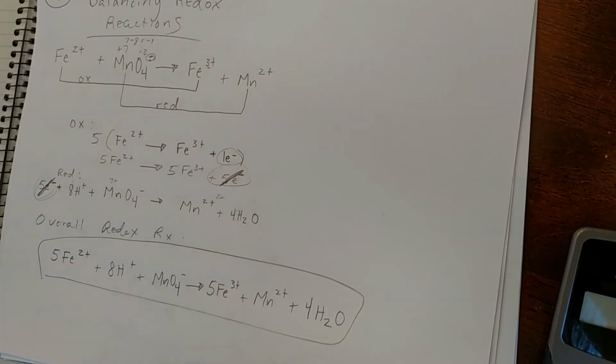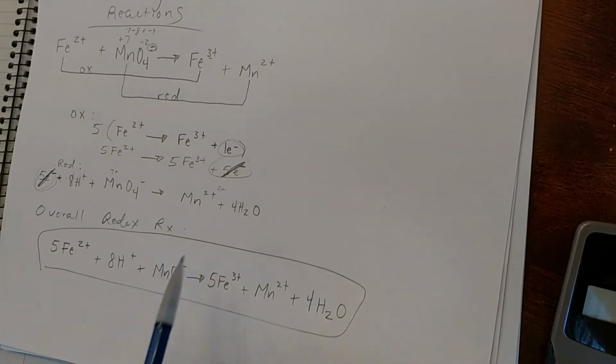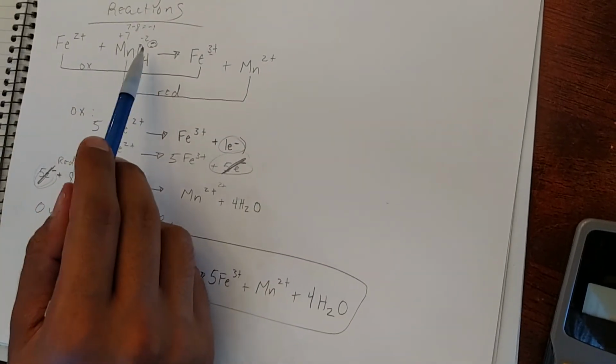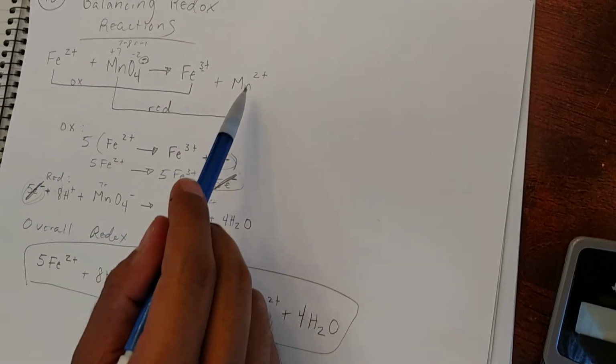And that is your overall redox reaction from Fe2+ + MnO4- yields Fe3+ + Mn2+.